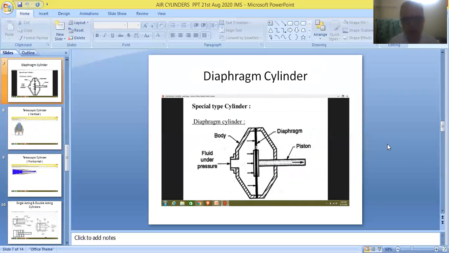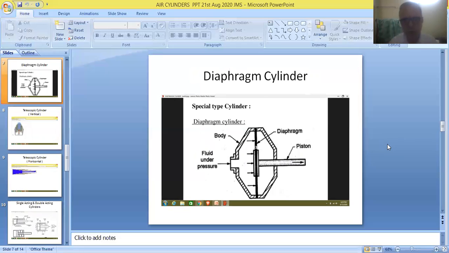And friends, here we can see the arrangement of a diaphragm cylinder. As the name itself implies, a diaphragm is used as a moving element. In all other cases, we are using pistons as moving elements, but here a diaphragm is used as a moving element.